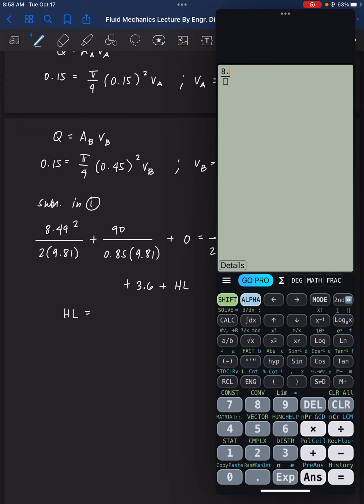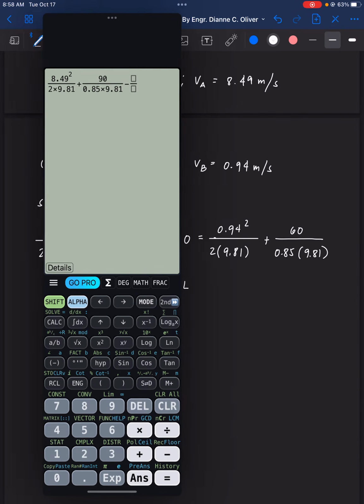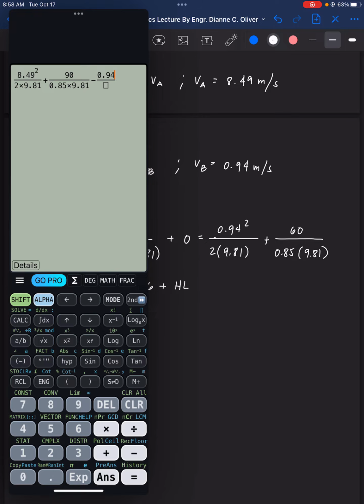Head loss is 8.49 squared over 2 times 9.81 plus 90 over 0.85 times 9.81 minus 0.94 squared over 2 times 9.81 minus 60 over 0.85 times 9.81 minus 3.6.